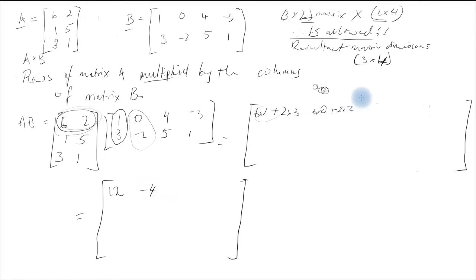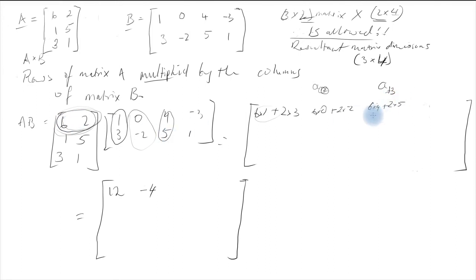Now the next point is our A1,3. So first row, third column. So now we've got the 6, 2 by 4, 5. So 6 times 4, add that to 2 times 5.